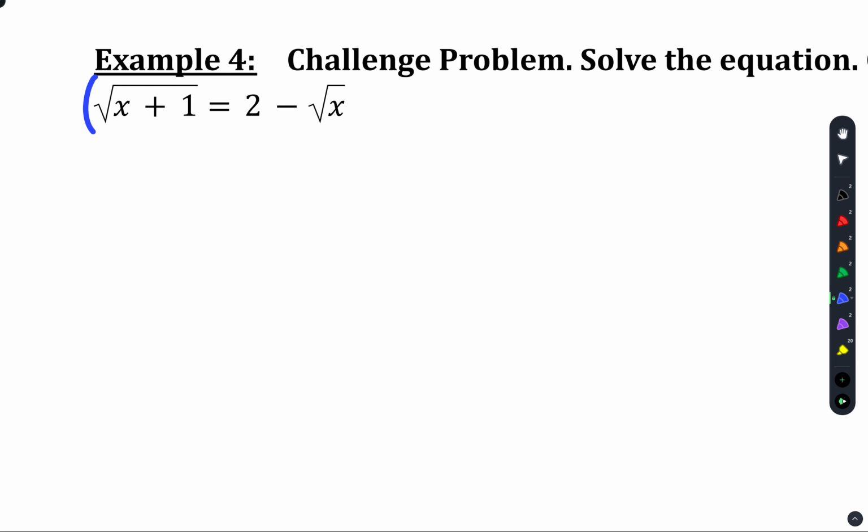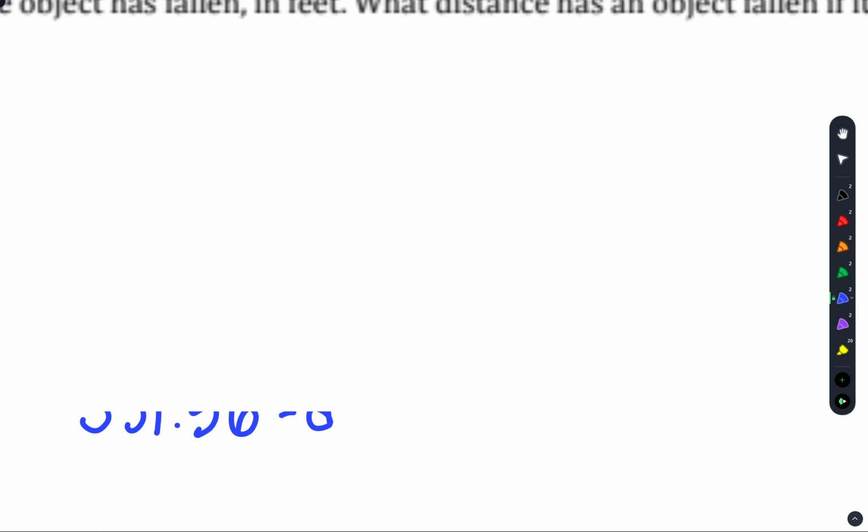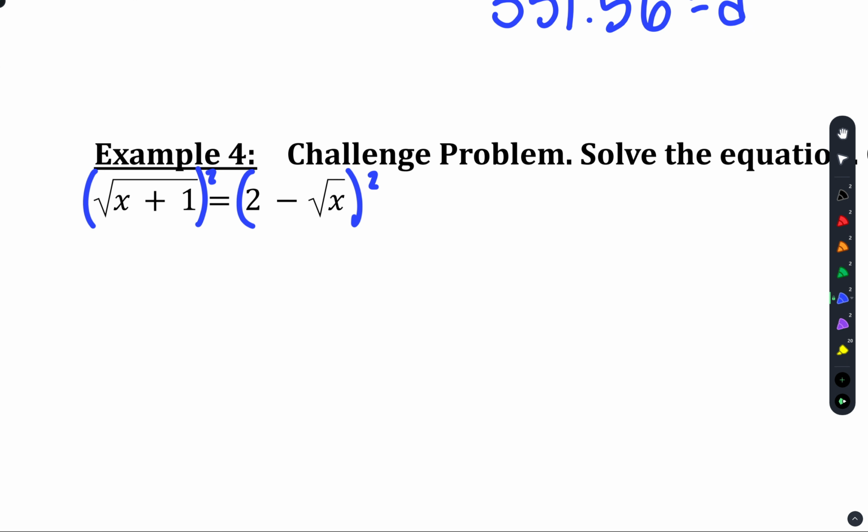So I'm going to square both sides. On the left side, that's nice. What should the left side be? Perfect. Left side, done. No worries, no sweat. On the right side, though, this gets tricky.